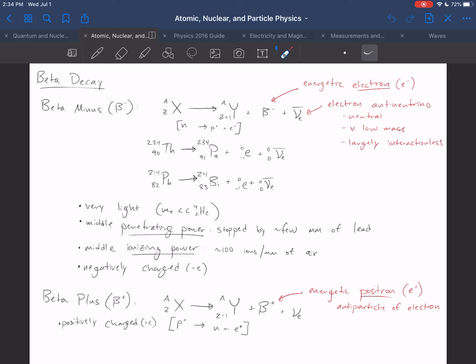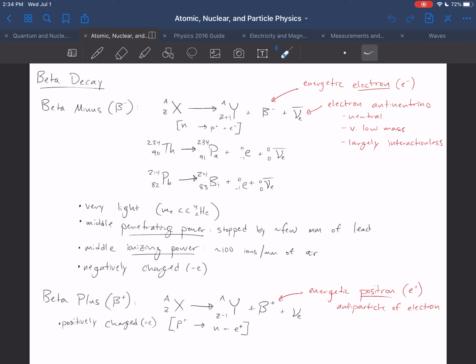Now, it's important to recognize that this strikes us as sort of indicating that the neutron was simply a proton plus an electron to begin with, but that's not the case. This is an actual nuclear reaction, what is known as a transmutation, where that neutron, with its own properties, becomes a proton and an electron. And the emission of that beta minus particle, otherwise known as an electron, is the outcome.